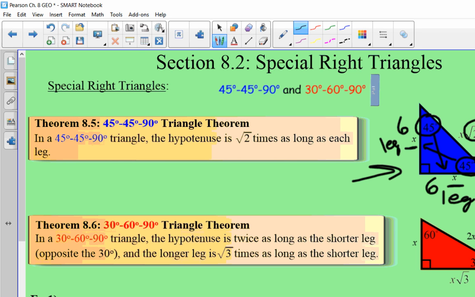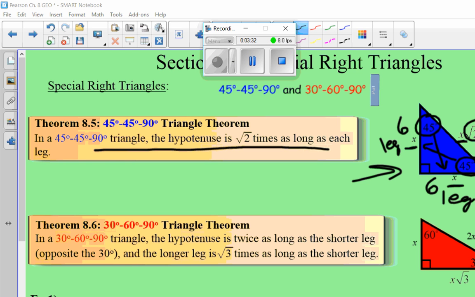But then the rule here, in the theorem, the hypotenuse is the square root of 2 times as long as each leg. So you'll see this x right here. The x is the leg, and so I just take it and multiply it by the square root of 2. And in these, we're always leaving the answer as a simplified radical.